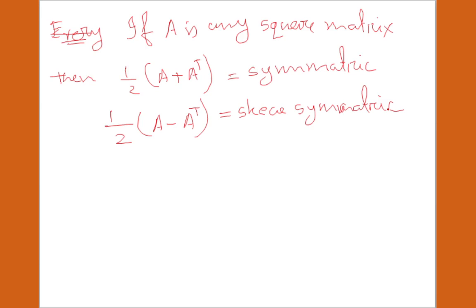Okay, this is an important point. If A is any square matrix, then half of A plus A transpose is symmetric. Half of A minus A transpose is skew symmetric.